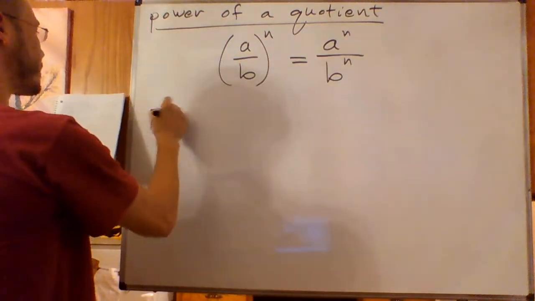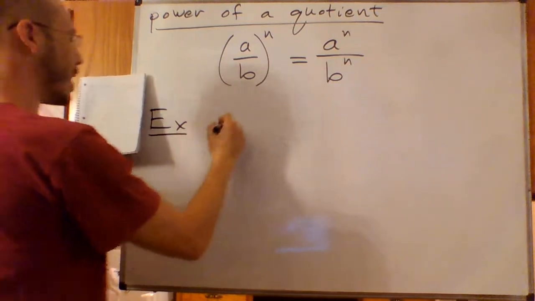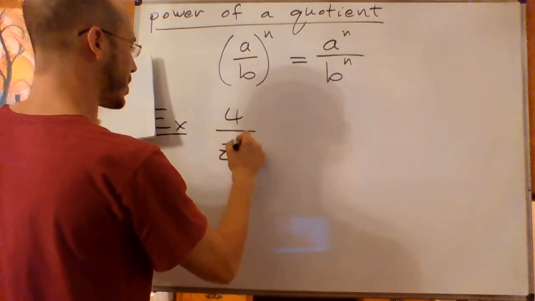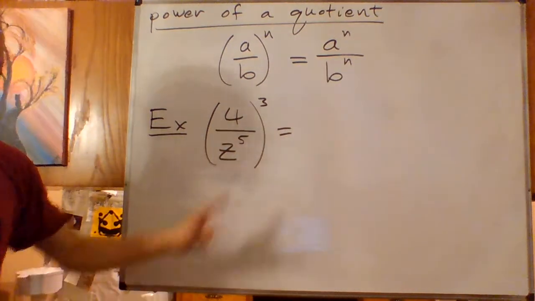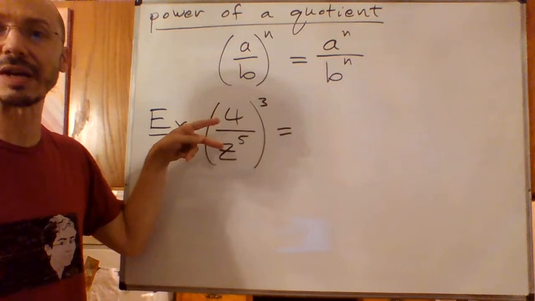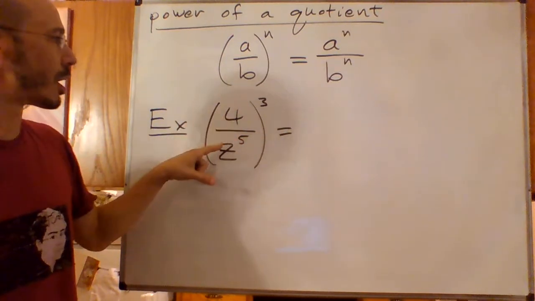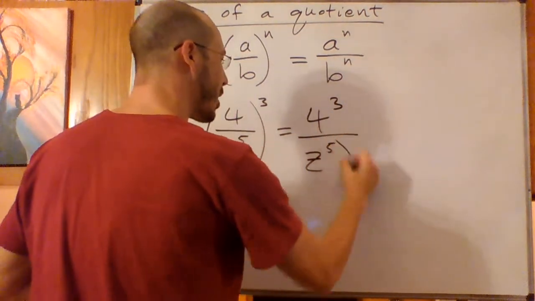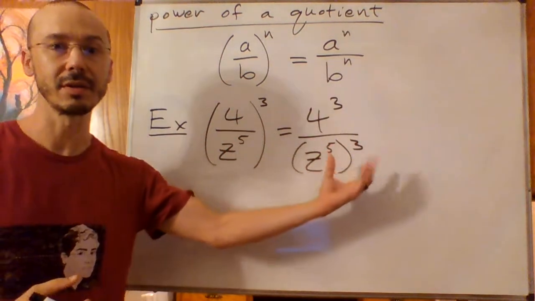Here's an example with numbers. Okay, this one actually has numbers and variables. So here's a power of a quotient. Quotient is what you get when you divide. A fraction is another name for it. So I'm going to take the power of the numerator and the power of the denominator, z to the 5th to the 3rd.